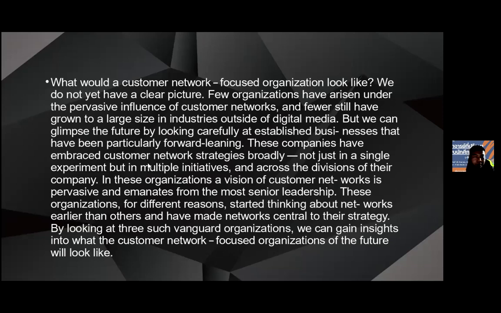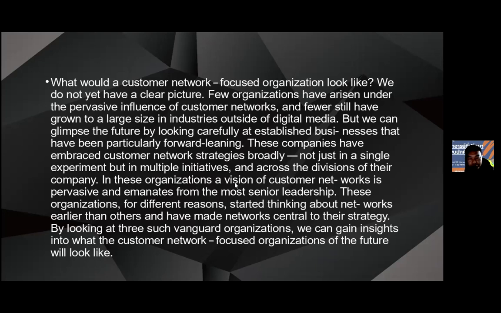These companies have embraced consumer network strategies broadly, not just in a single experience, but in multiple ways, intentionally, across the divisions of their company.